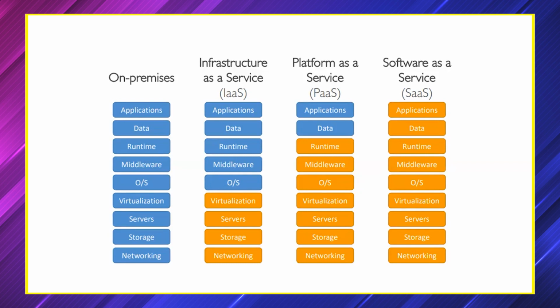In on-premise, if you go from the bottom, networking, storage, servers, virtualization, OS, middleware, runtime, data, and application are all managed and maintained by one entity, your organization itself. But in infrastructure as a service, your networking, storage, servers, and virtualization are provided by a different vendor, and you take care of the operating system, middleware, runtime, data, and application.